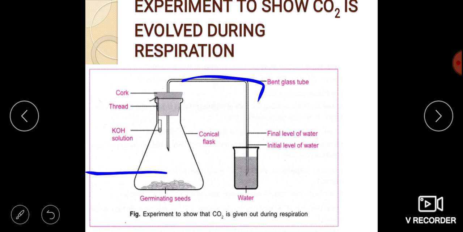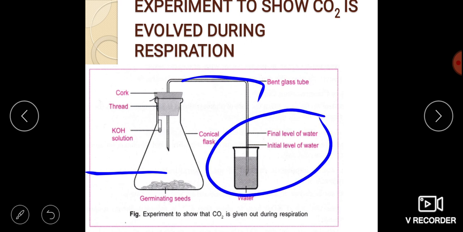Now, as you make the setup, you will find the initial level of the water here. After some time, what will happen? You will see that the level of the water just moves up. This is the final level of the water.